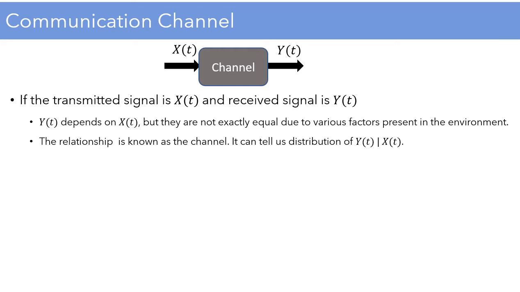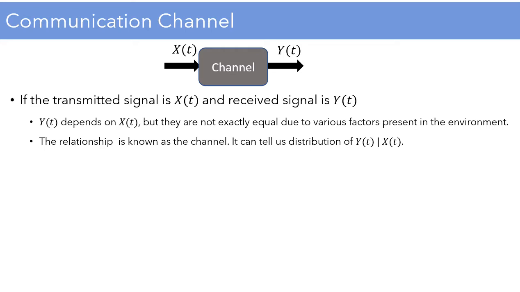So yt does depend on xt. If yt does not depend on xt, then basically the channel is not carrying any information. You receive signals totally independent of the transmit signal, which means you are not able to send any information. So hopefully yt depends on xt, but is not exactly equal to xt. Due to various environmental factors, there may be some distortion, but it does depend on xt.